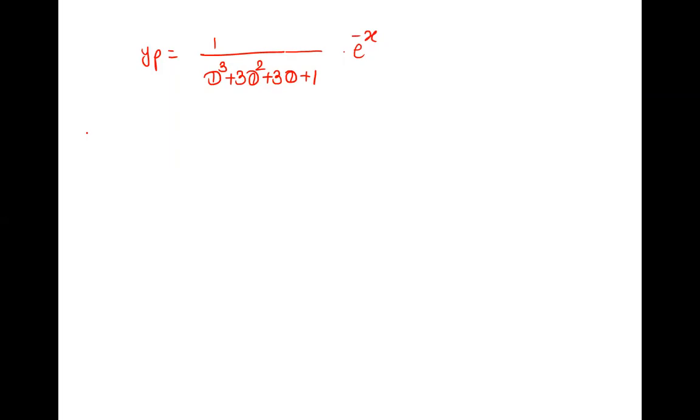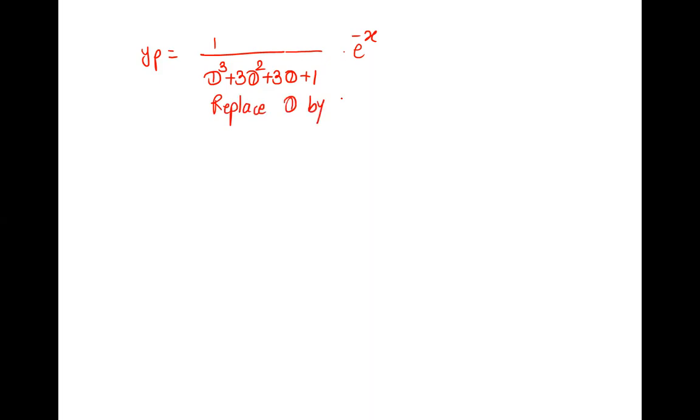What is the function now? It is e raised to -x, so this is the first case. What do we do in that? We replace D by the power of e.